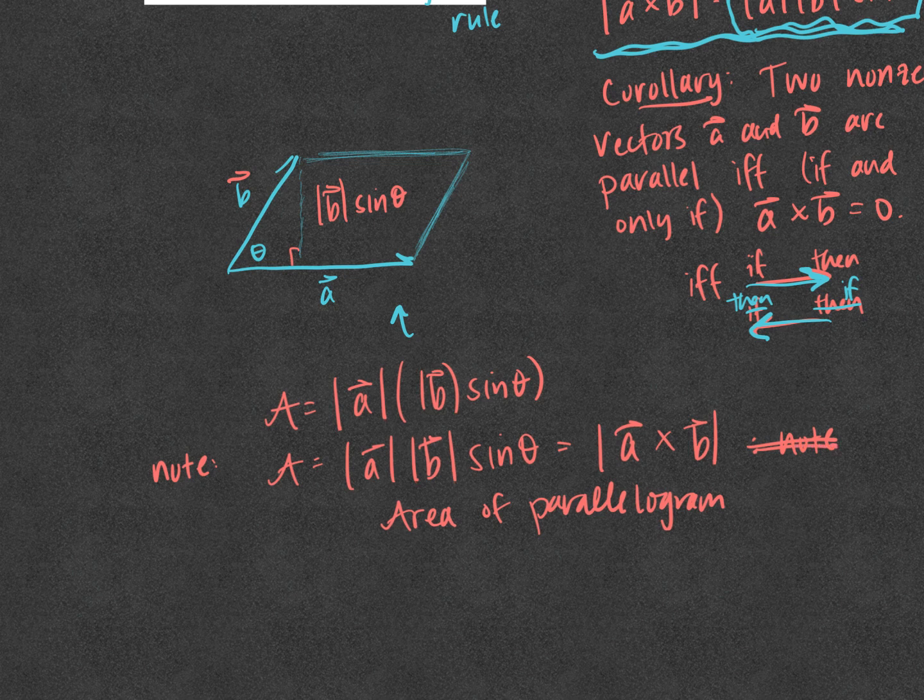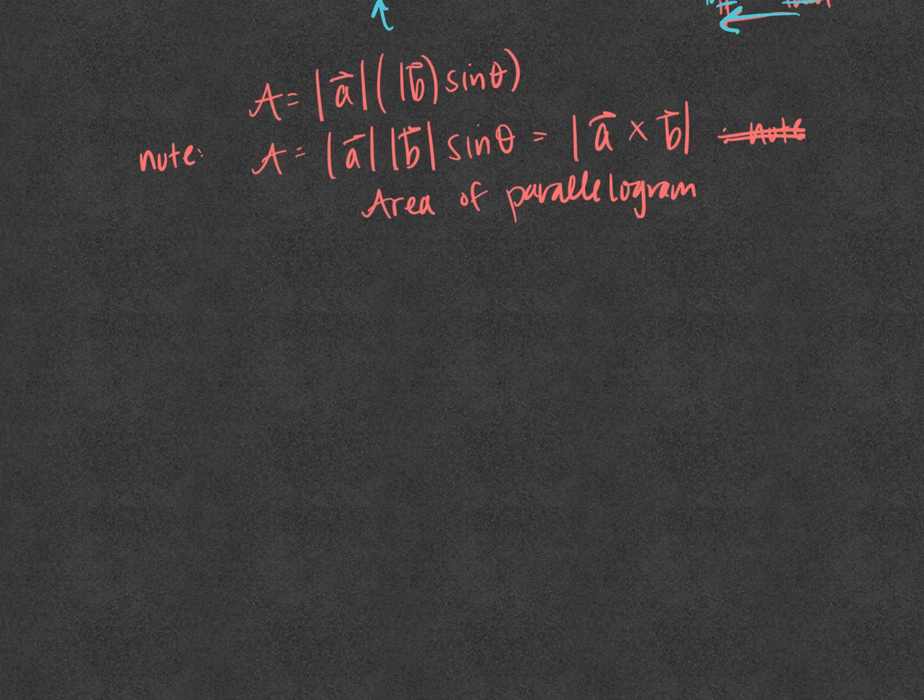So we have an example that goes with that. Let's just keep going here. So we have an example, and it says, find the area of the triangle. Remember, a triangle is half a parallelogram, so we're good here.